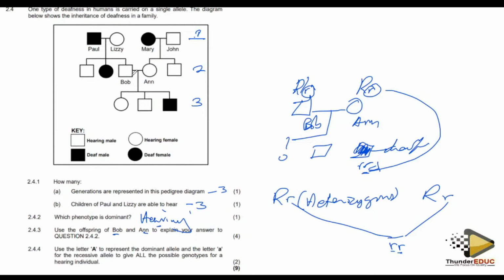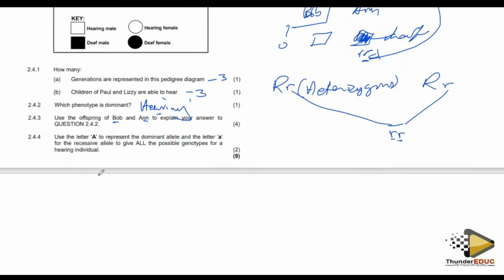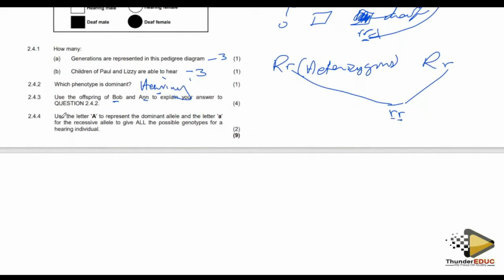You understand? If the two parents are normal, it means that the two parents are heterozygous. But if all of the children are normal, then it automatically shows that the parents are homozygous dominant.